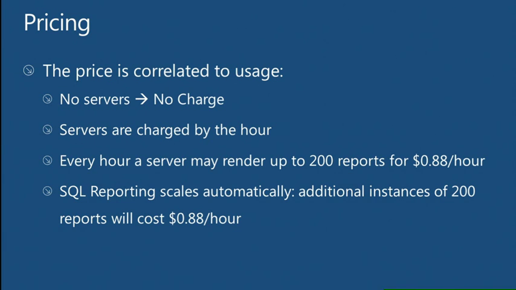So if there is an hour in which you ran less than 200 reports, you're going to pay 1 unit, which is currently $0.88 for that hour of running up to 200 reports. If you run between 201 and 400, you will pay 2 units, and so on.